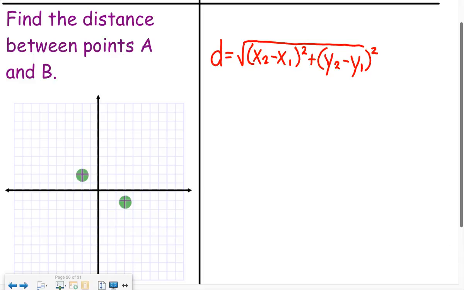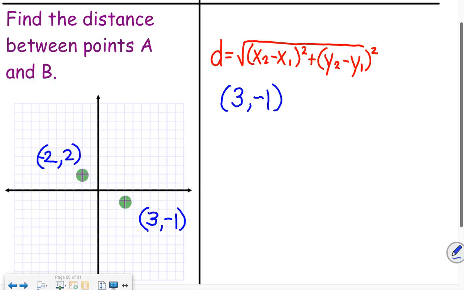The first thing I'm going to do is write down the ordered pairs for both of these points so I can find the distance between them. So this ordered pair here is 3, -1, and this ordered pair here is -2, 2. So 3, -1, and -2, 2 are my ordered pairs.